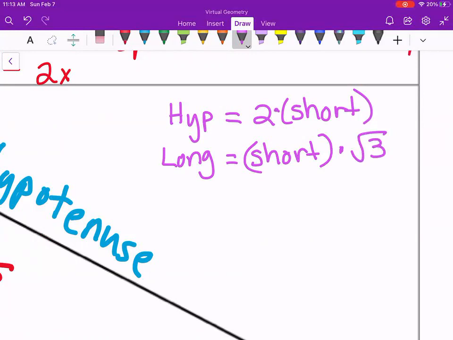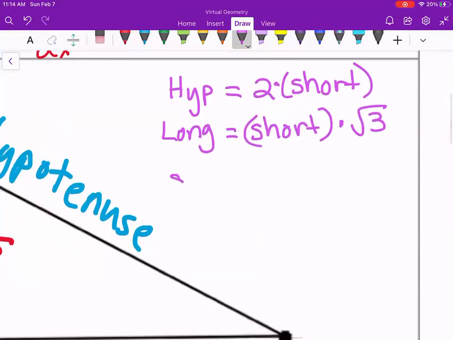And again, if I need to go backwards, the short has 2 separate formulas, and we use whichever one they give us information for.